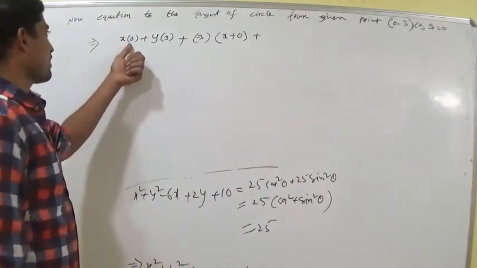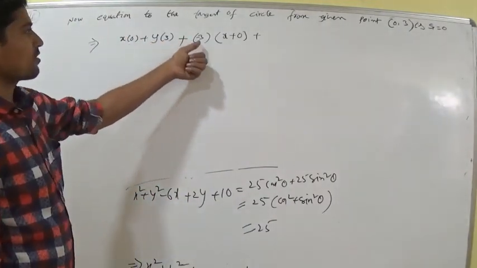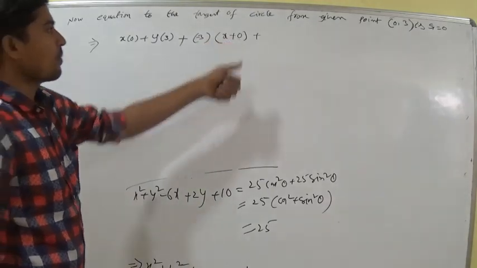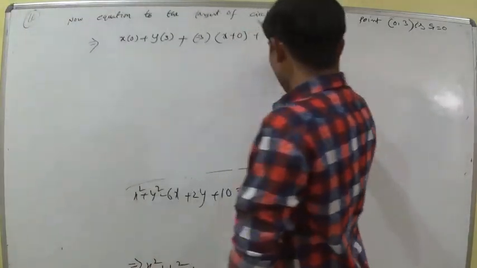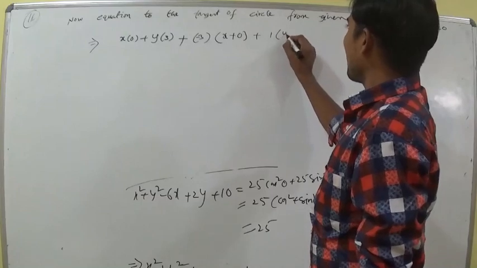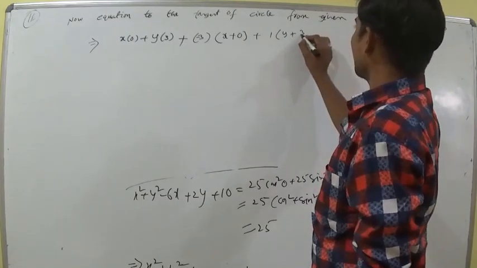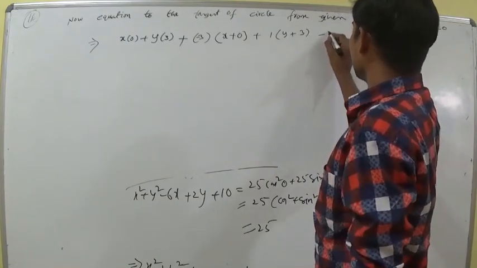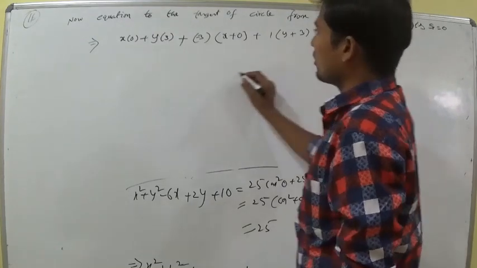See, xx1 plus yy1 plus g into x plus x1 plus f into, f is 1, y plus y1 plus c, which is equal to -15, equal to 0.